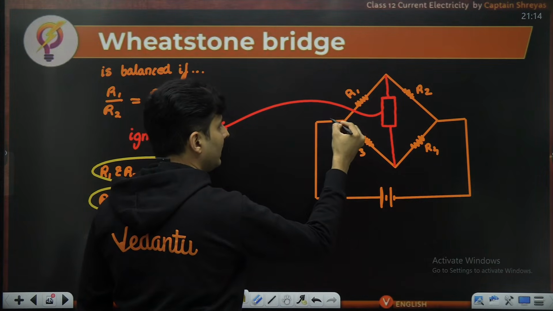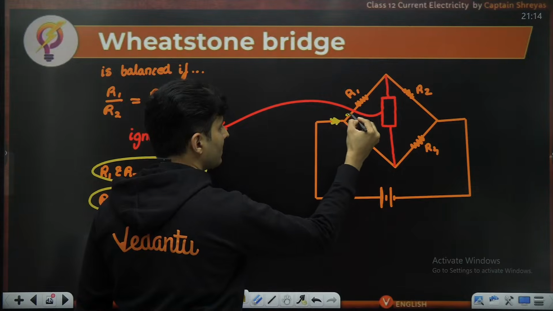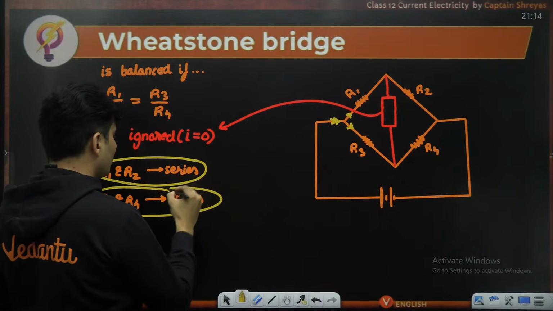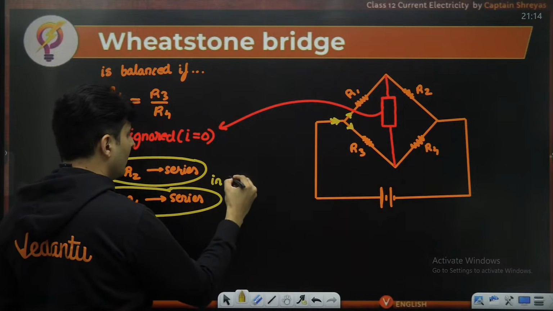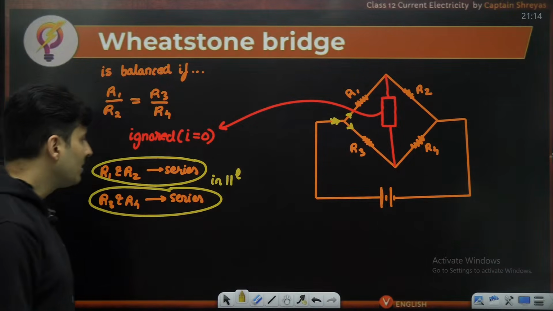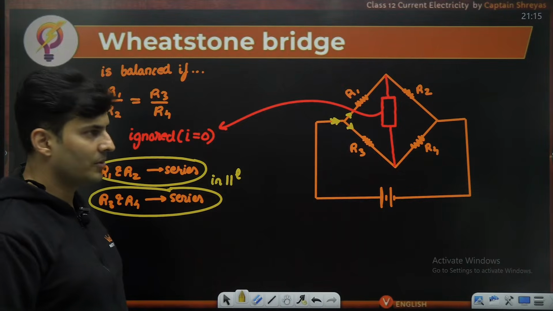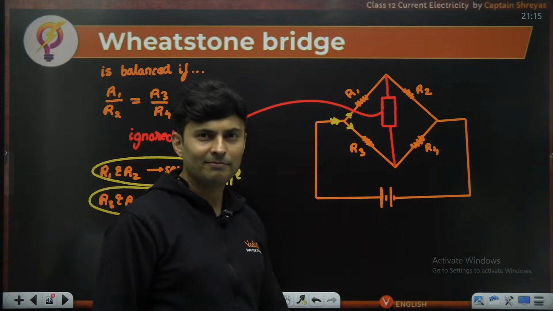Current will split up over here. Whatever current comes will partially go here and partially go here. So it is parallel. So they both are in parallel combination, which can be now easily solved for any kind of question.